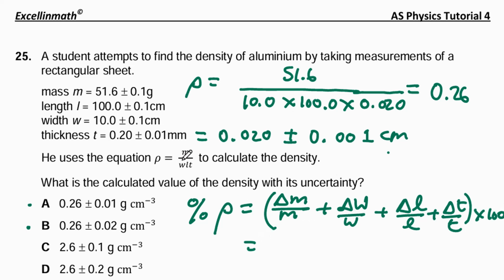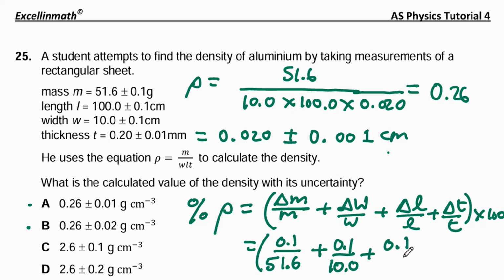So we can fill in our values. So delta M 0.1 divided by M, delta W 0.1 divided by W, then delta L over L, plus 0.01 over 0.20.